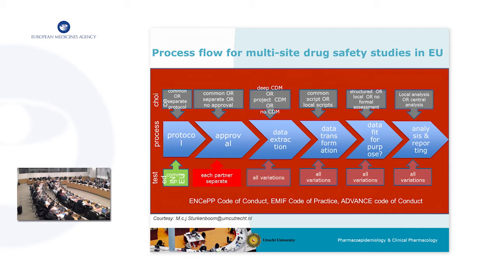So each center does analysis locally, or there can be one central analysis, and also making use of platforms that allow combining data at one central place. So next slide, please.